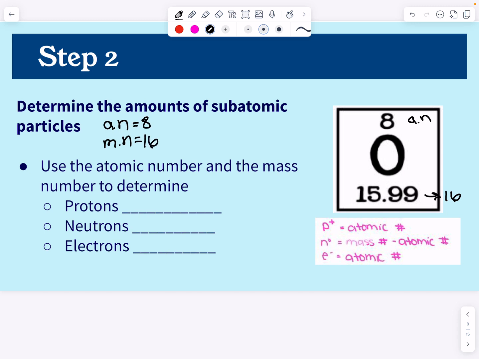Remember, the atomic number tells us the number of protons and the number of electrons, so these numbers are both going to be 8. To find the number of neutrons, we do mass number minus atomic number, which is 8. So oxygen would have 8 protons, 8 neutrons, and 8 electrons.